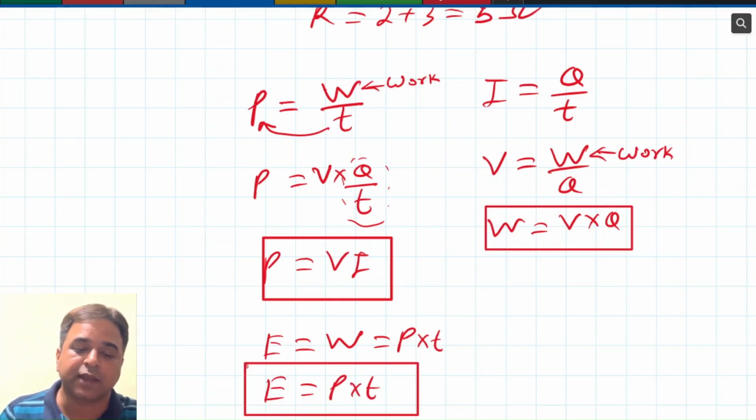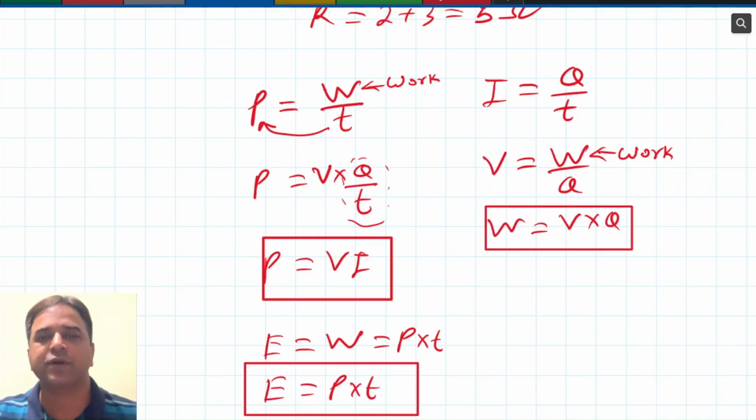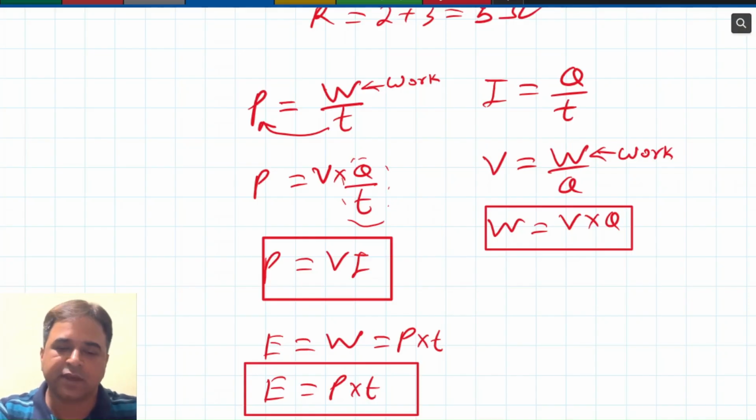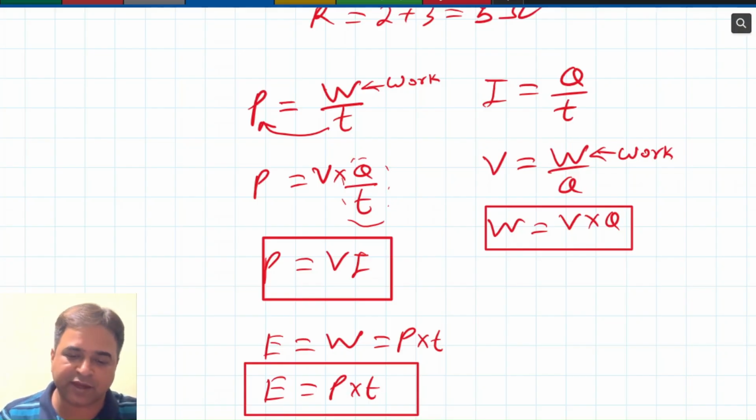Now, where do we use this? Remember, whenever current is passing through any resistance, it is generating heat. How much heat is generated, you can find out with this: how much power and for what time you are supplying it.